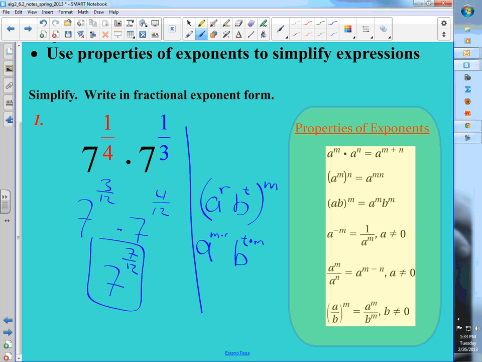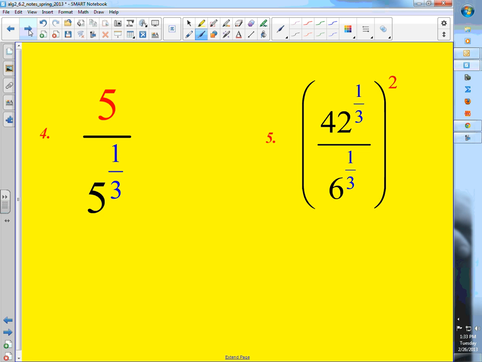And I want to point out one other thing. This is where we are. So I'll erase this, but I want you to know that this is 5 to the 1/3 power, the way most of you write it. So if you use this slashy fraction thing right here, you need to change that behavior right now.